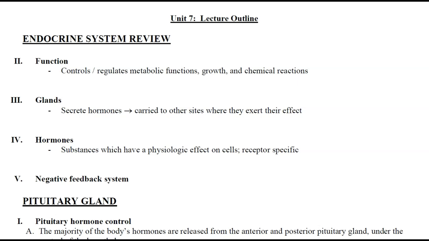Their effect depends on the receptor site, and they have different purposes. Depending on which hormone we're talking about, they are secreted for different purposes and have different effects on our bodies.